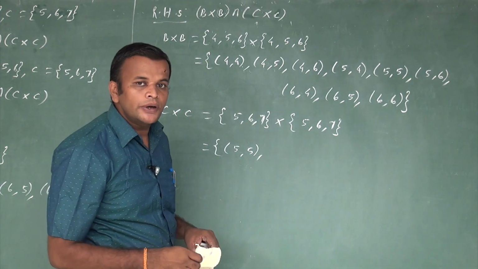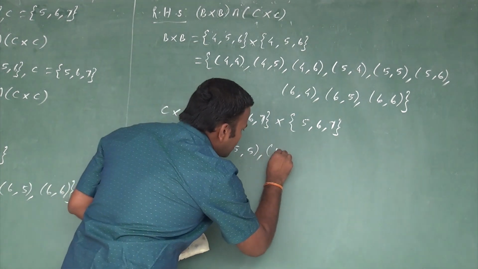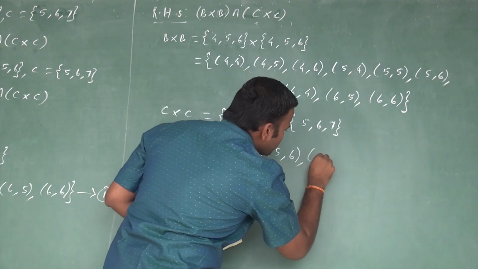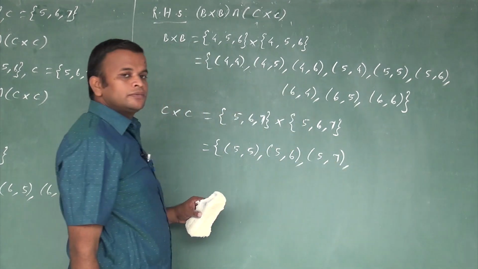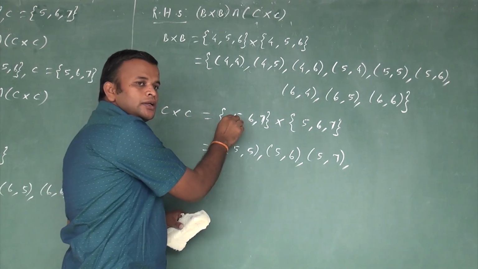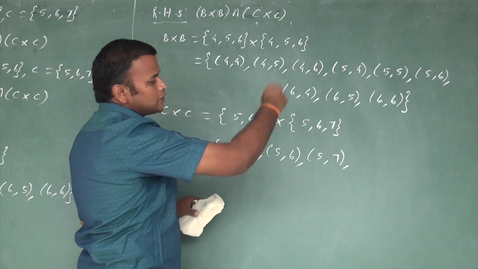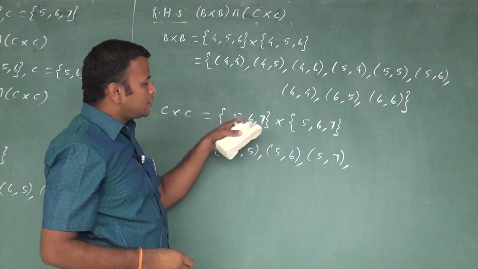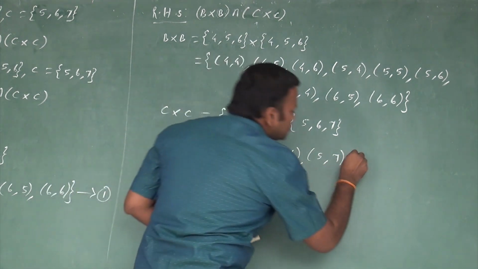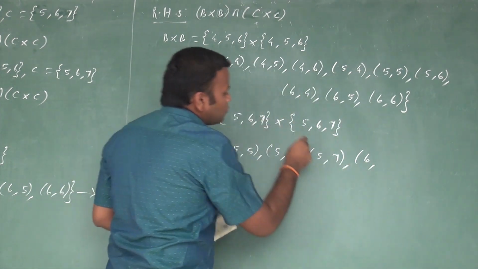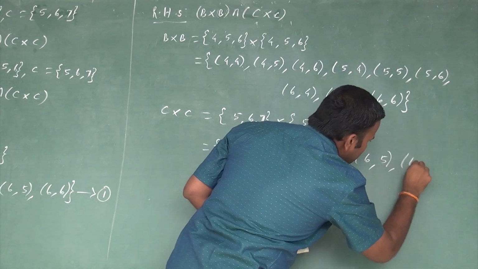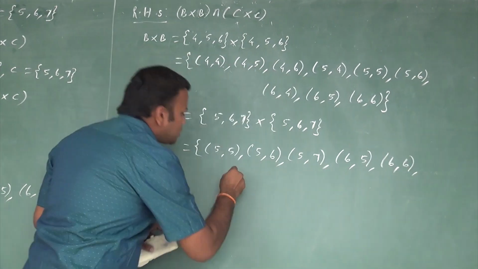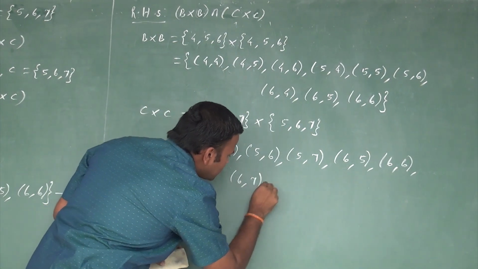The next possible ordered pair is 5 comma 6, and the next one is 5 comma 7. So we don't change the first number, and we move through the numbers of the second set. We do the same work for the second number and third number. What is the second number in the first set? It is 6. So 6 comma 5, 6 comma 6, and 6 comma 7.